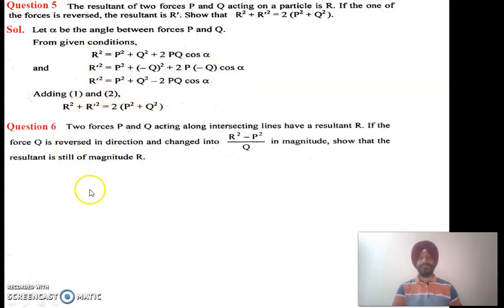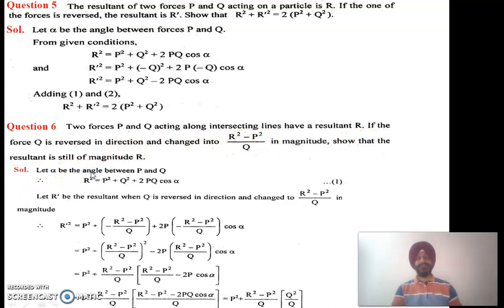Similarly, the sixth question is there. Two forces P and Q act along intersecting lines having a resultant R. If the force Q is reversed, again Q is minus Q in direction, and changed in magnitude to R square minus P square by Q, show that their resultant is still of magnitude R. Their resultant is still R. This is again a simple one.